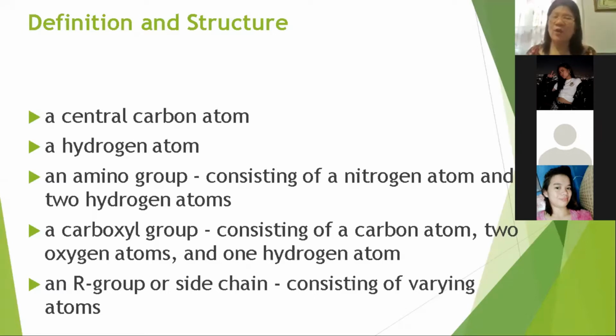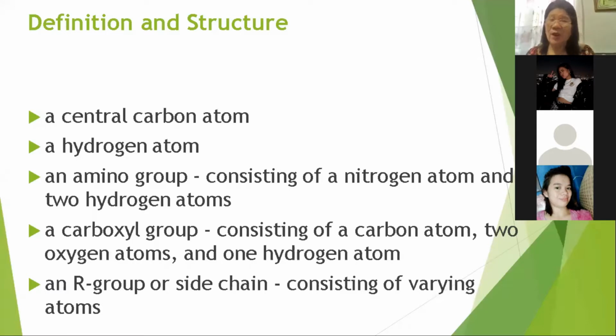So if you talk about amino acid, what comes to mind is there is a nitrogen group, and there is a carboxylic group. That is why it is called amino and acid. The carboxyl group consists of carbon, 2 oxygen atoms and 1 hydrogen, that is C double bond O, then OH.